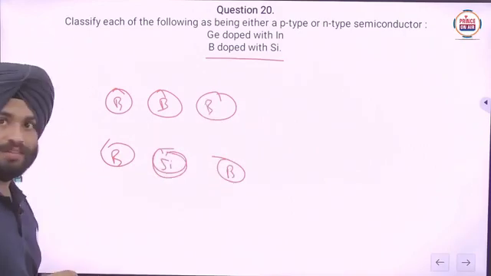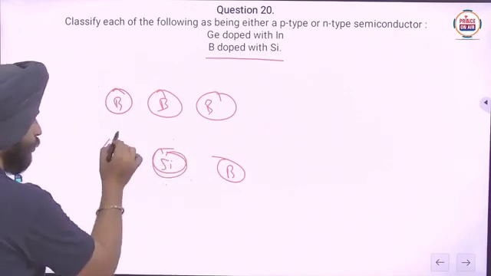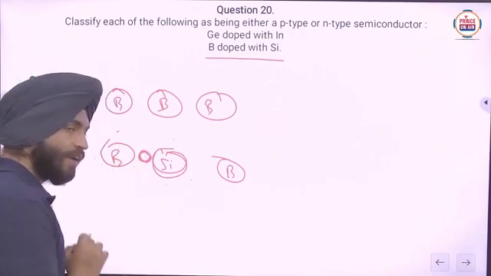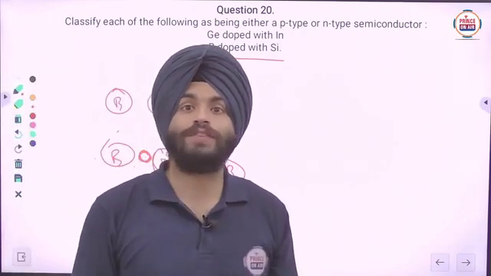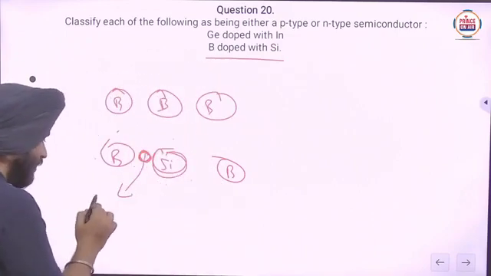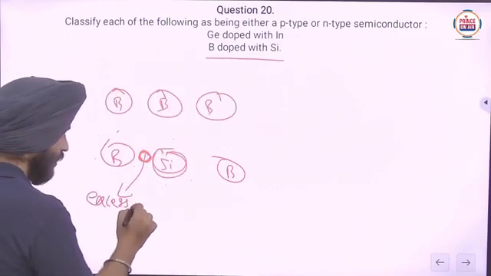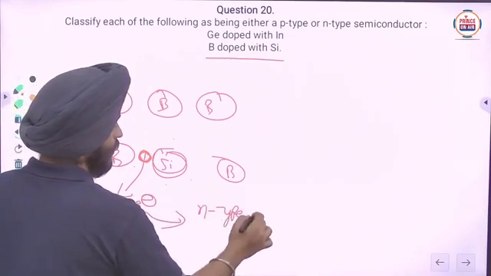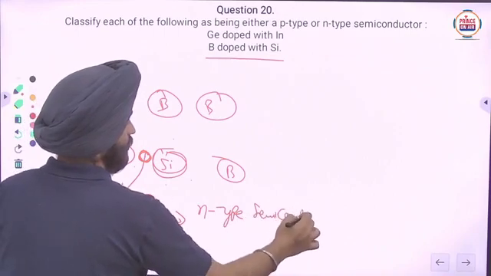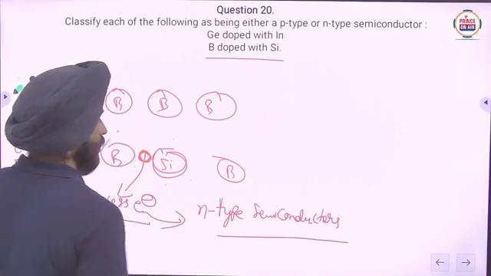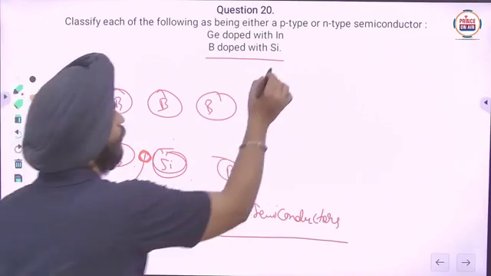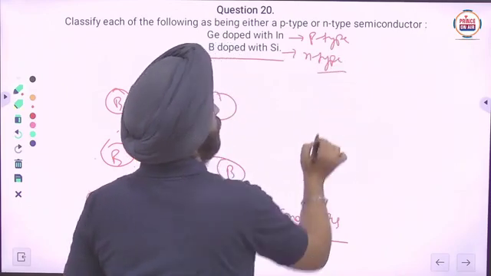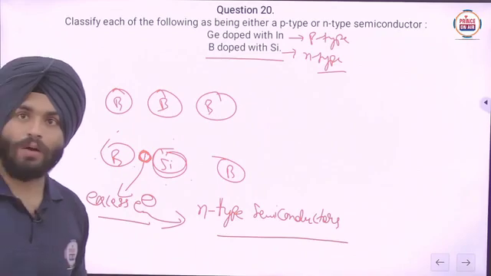Silicon has 4 electrons, but boron has only 3, and in that case one electron is in excess and that electron is of silicon. If an excess electron is there, it will create an n type semiconductor. Okay, clear? So the first will be p type and this will be n type. Is it clear now?